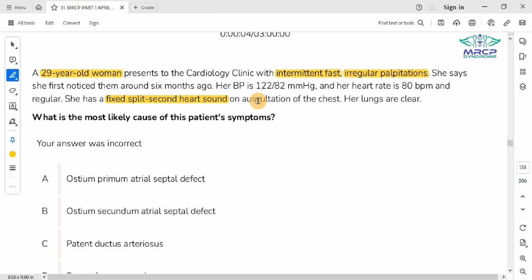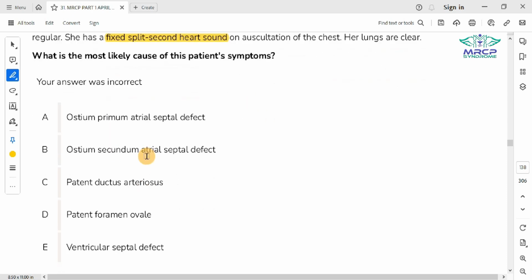Patient had the fixed splitting of the second heart sound pointing towards the atrial septal defect, and the ECG was given as right bundle branch block plus right axis deviation. So RBBB plus right axis deviation. So which ASD, primum or secundum? Secundum. Yes, this is the secundum. RAD, right axis deviation for secundum, and LAD is the primum.